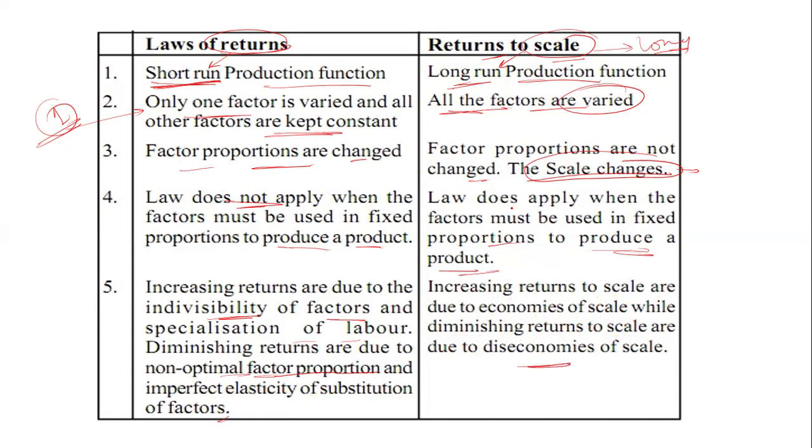In returns to scale, there are two things: increasing returns to scale and diminishing returns to scale. Increasing returns to scale happen due to economies of scale.